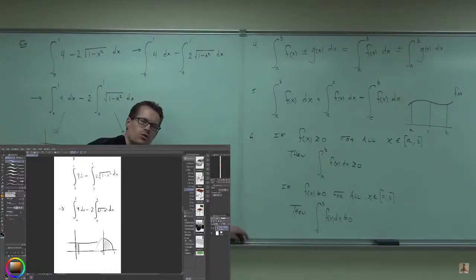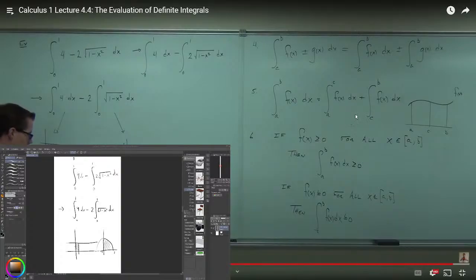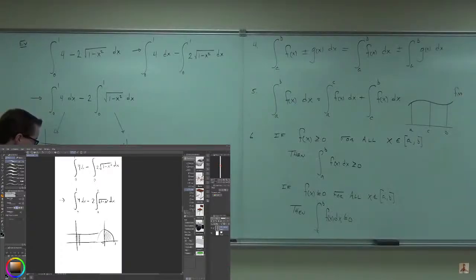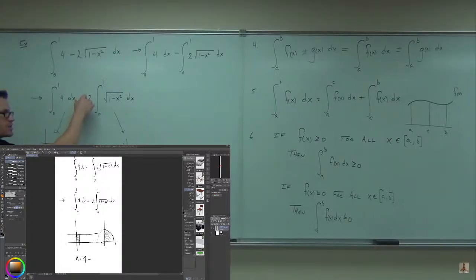So basically what our integral comes down to, our area is, what's this whole area? 4. Minus 2 times, don't forget the 2.